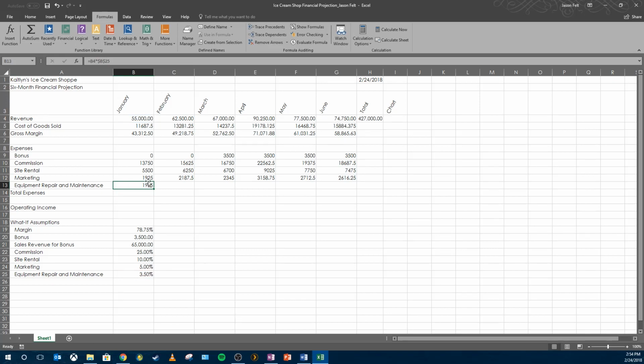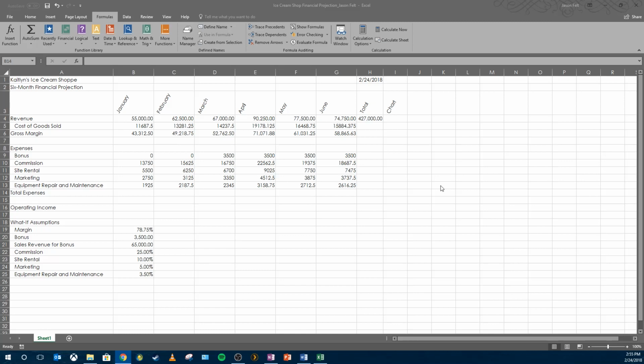Oops. This should have been B24. That's very important because I could have just lost some money there. That's why it's very important for you to put in your values exactly how they should be. Okay, so 3.5% of 55,000 is 1,125.